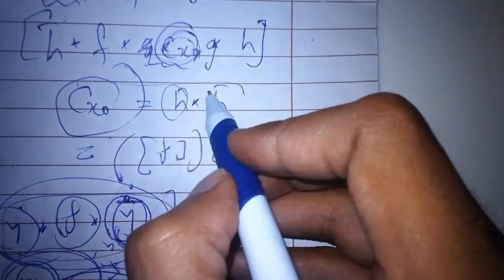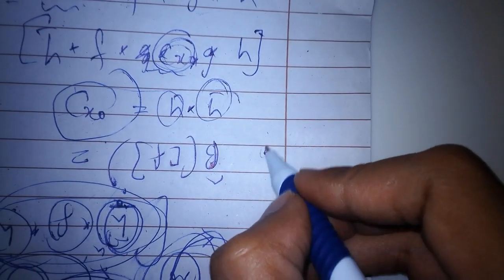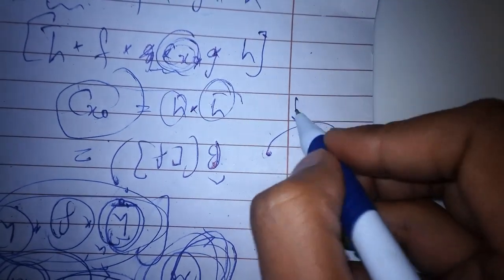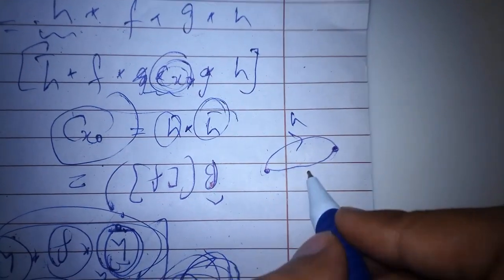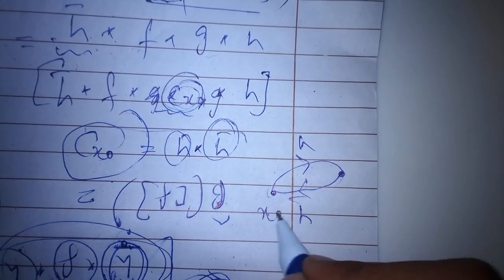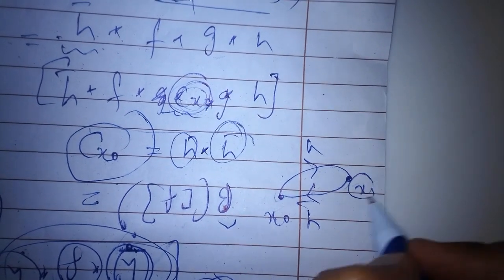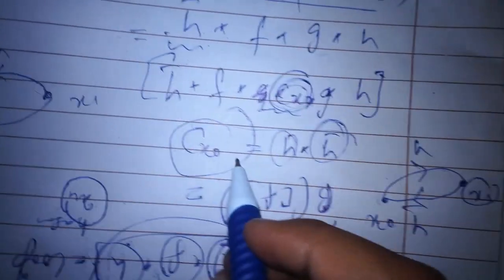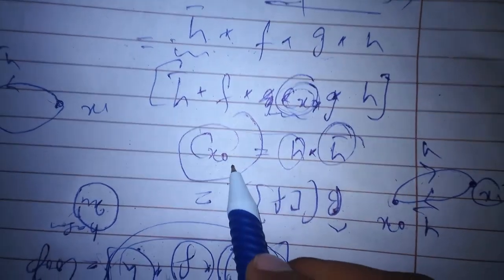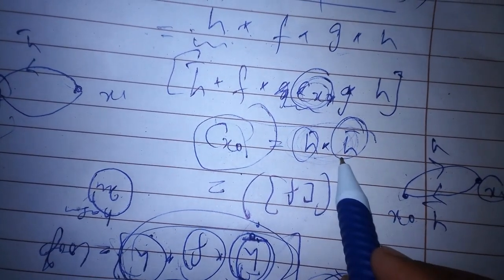So this is the definition: first from x naught to x1 h, then h bar again, starting from x naught and ending at x naught. So we can replace cx naught with h static h bar.